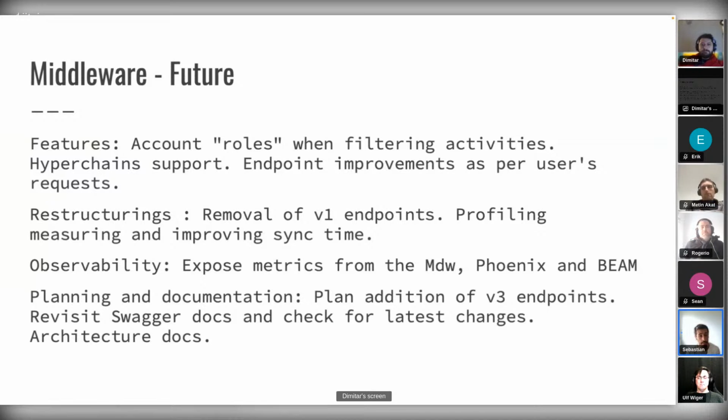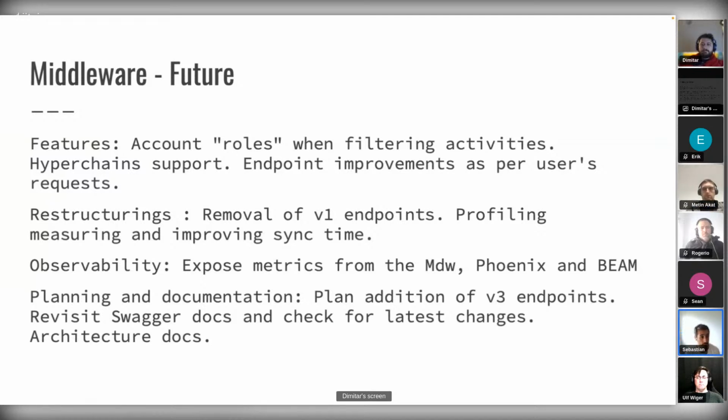Then we're going to be profiling different computations that happen on the middleware itself, like how much time something takes, or how much, for instance, a block takes to sync, and work on improving those things.